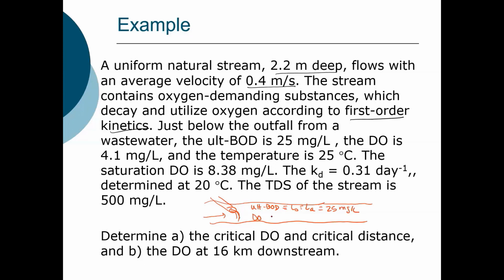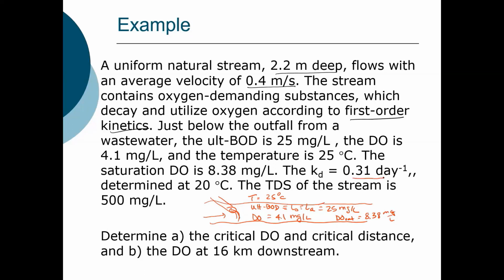The dissolved oxygen is 4.1 milligrams per liter. The temperature is 25 degrees C. The saturation dissolved oxygen concentration is 8.38 milligrams per liter. So this is our DO sat, and that is equal to 8.38 milligrams per liter.